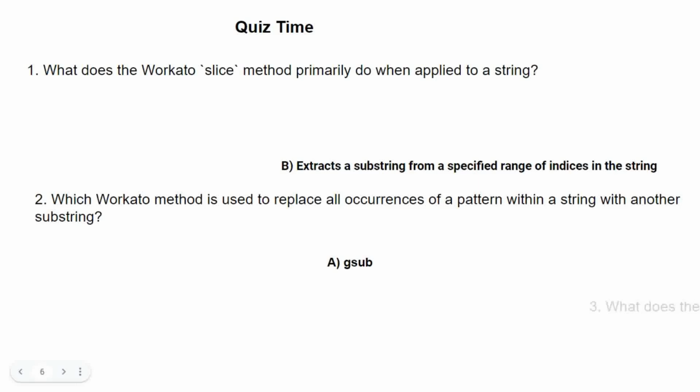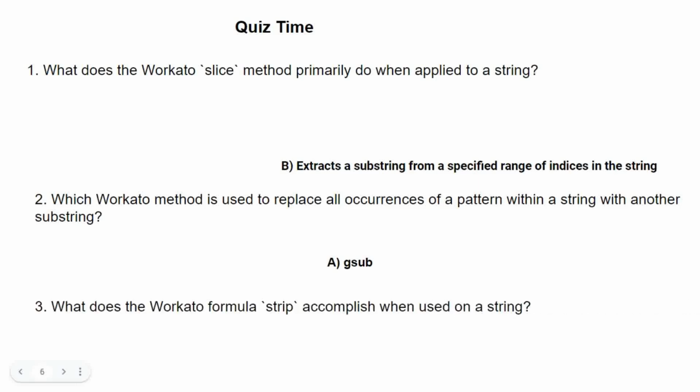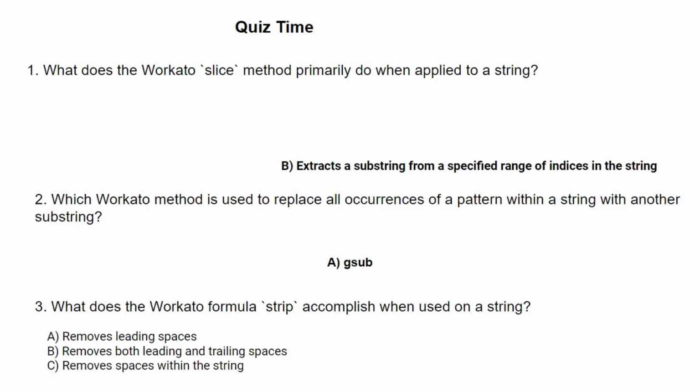Next, the third question is, what does the Workato formula strip accomplish when used on a string? Let me give you the options. It removes the leading spaces, it removes both leading and trailing spaces, it removes spaces within a string. We have seen this.